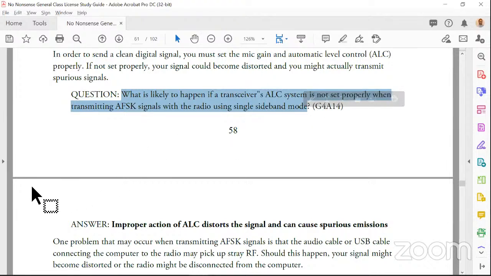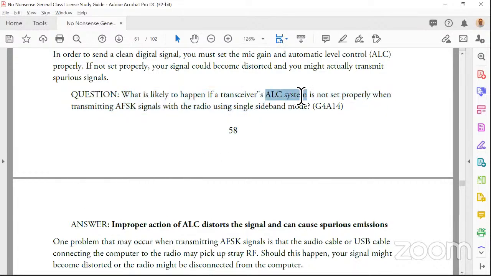Next question in the question pool. What is likely to happen if a transceiver's ALC system is not set properly when transmitting AFSK signals with the radio using single sideband mode? All right, so let's dissect this question a little bit. They're asking us what is likely to happen.